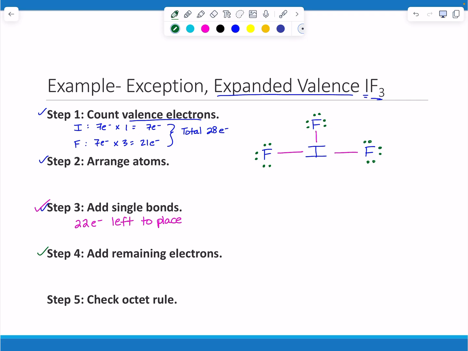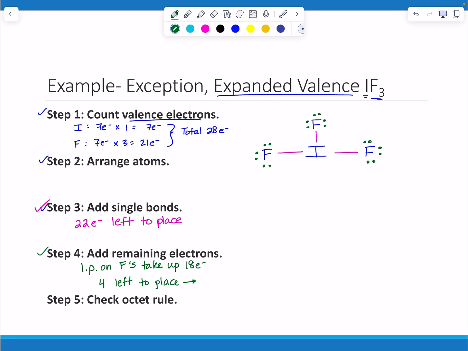So I have 6 times 3, so the lone pairs on the fluorines take up 18 electrons, but how many more do I have? I've got 4 left to place.